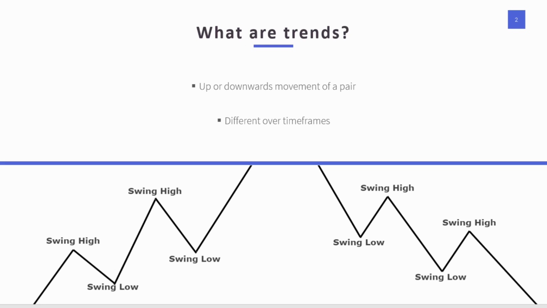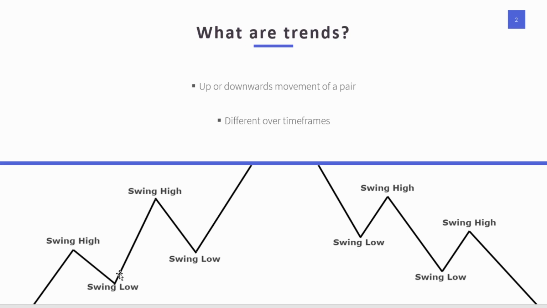On this slide you also see the swing low, swing high, swing low, swing high in a downtrend, but to be honest I think these terms don't really apply. You can better look at when it's an uptrend, it's a higher high and higher low. So that's here, it comes from down here, so it's a higher high, and you can see that the low, it came from the low.